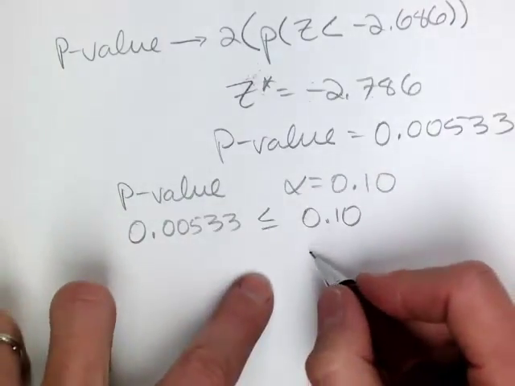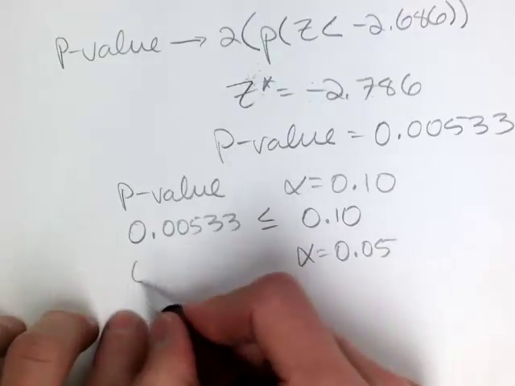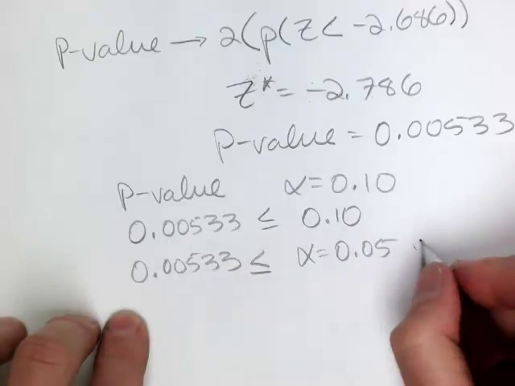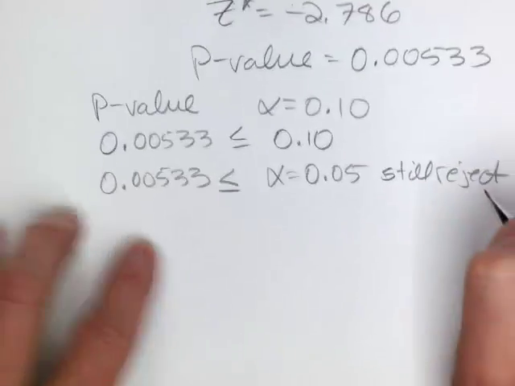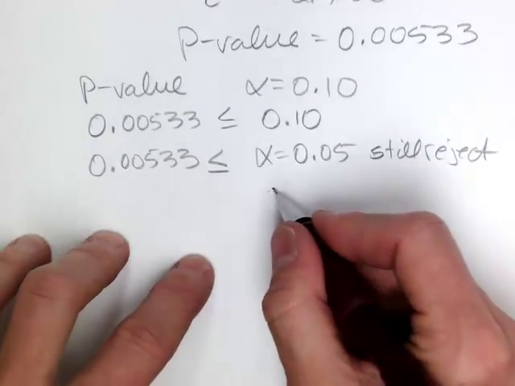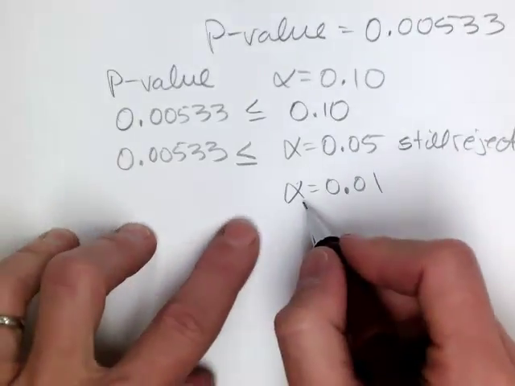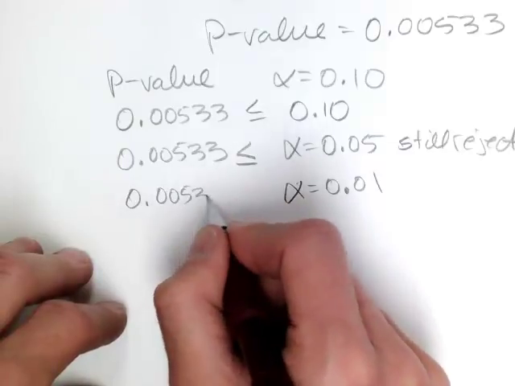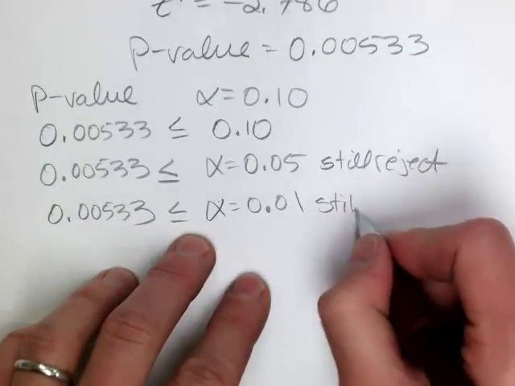If my alpha was 0.05, I would still be rejecting the null. If my level of significance was even smaller, 0.01, my decision would still be to reject.